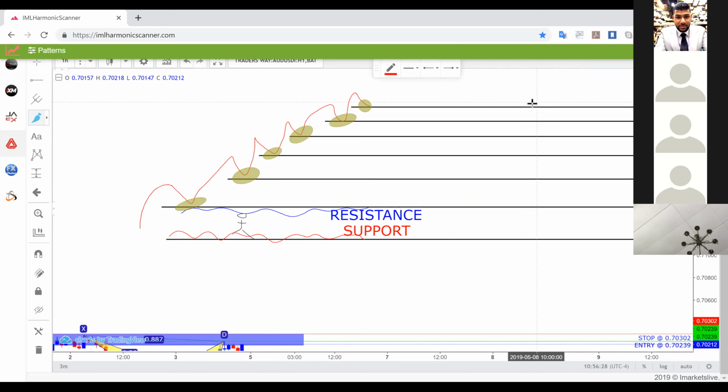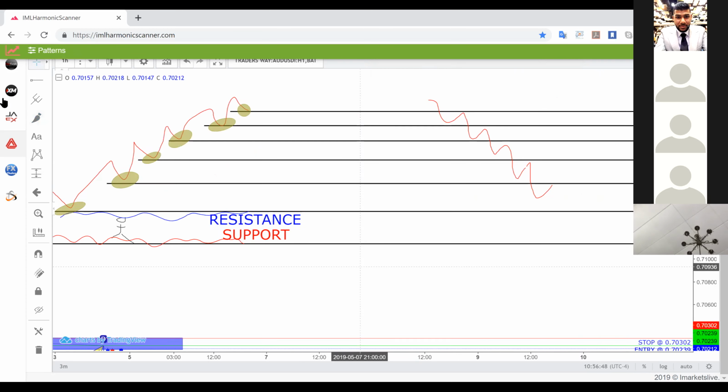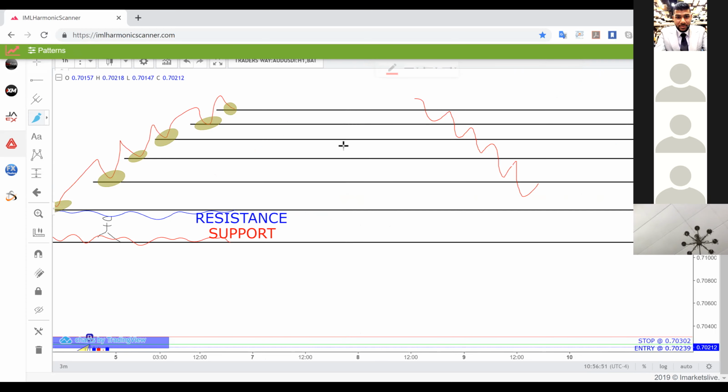But this is how the retest looks. Retest, drops, retest, drops, retest, drops, retest. Drops, retest, drops, right?